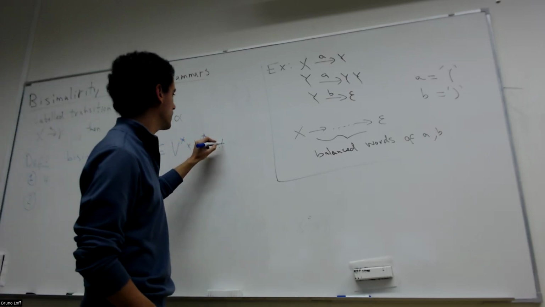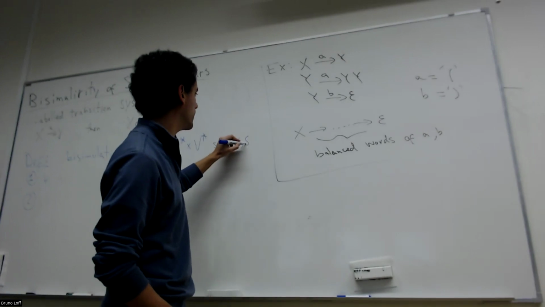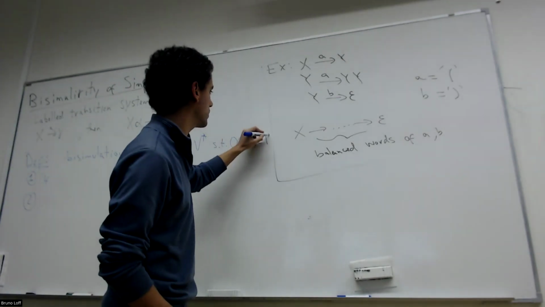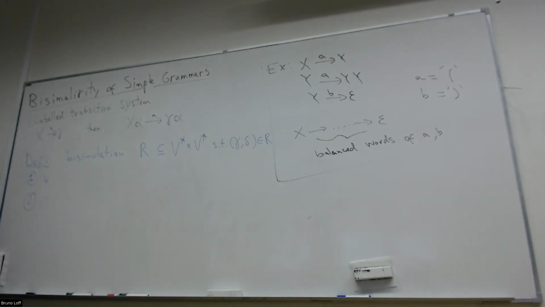Let's say if gamma delta is in this relation, so I have two words that are in the relation, and gamma has a transition to gamma prime. Behavioral equivalence means that the corresponding process must have a matching transition.